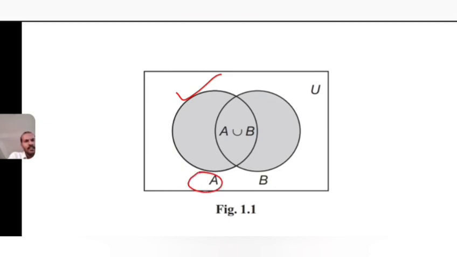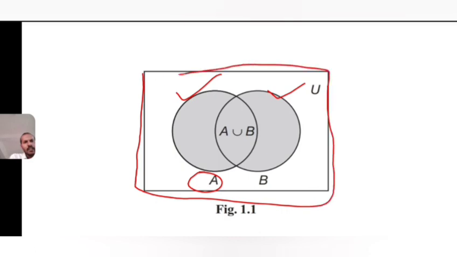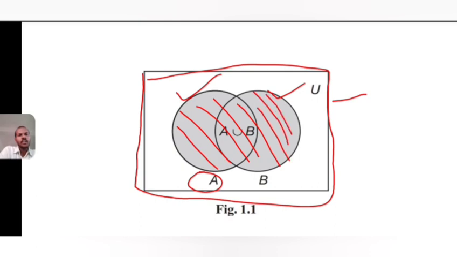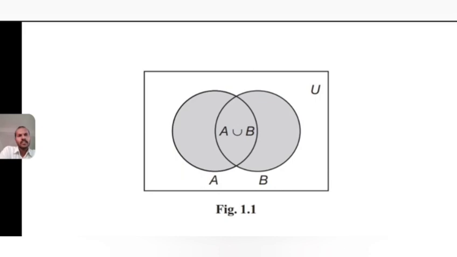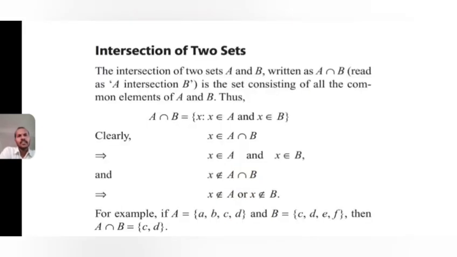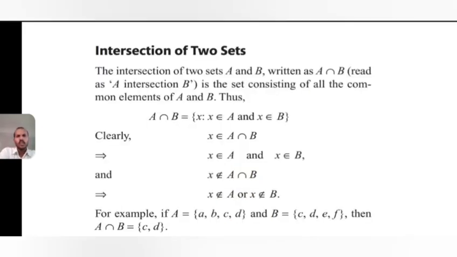Usually the universal set is denoted by a rectangle, that is U, and its subsets are denoted by circles inside the rectangle. Here the shaded region is nothing but the union of two sets, right? Now we move to the next, intersection of two sets.